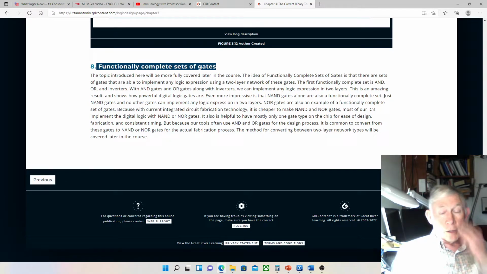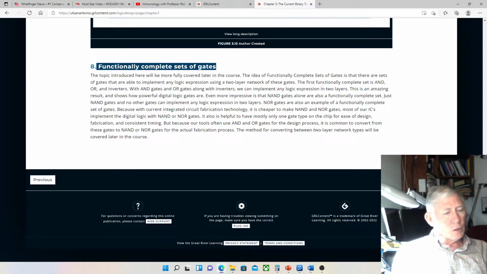Well, one functionally complete set is AND gates, OR gates, and inverters, in 2 layers. But interestingly, I can implement any logic expression with just NAND gates, an input layer of NAND gates and one output NAND gate. I can also implement any expression with just NOR gates, one input layer of NOR gates and one output layer of NOR gates. And you can also implement it with exclusive OR gates.